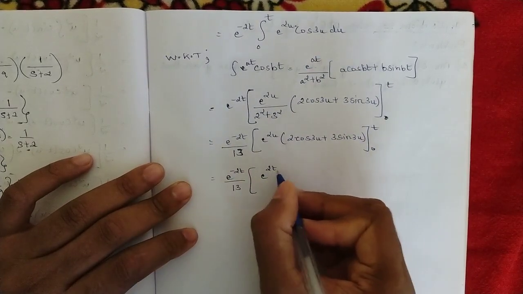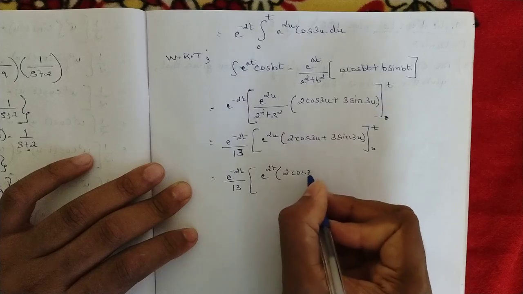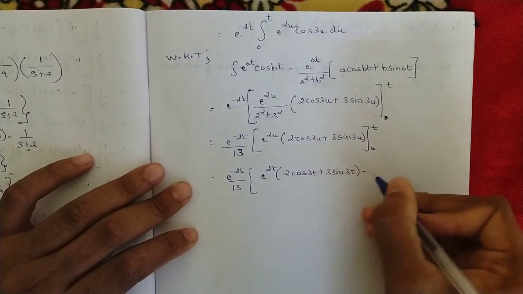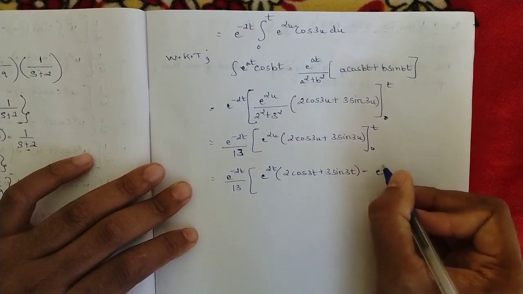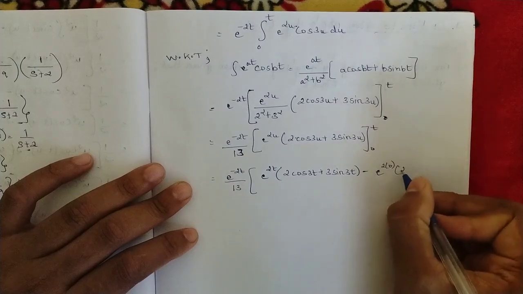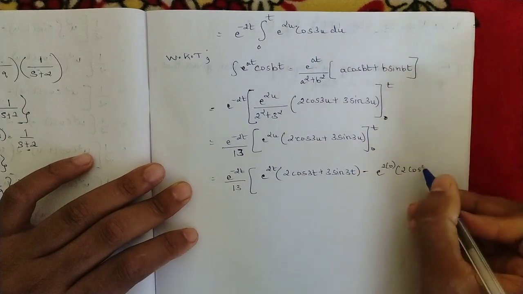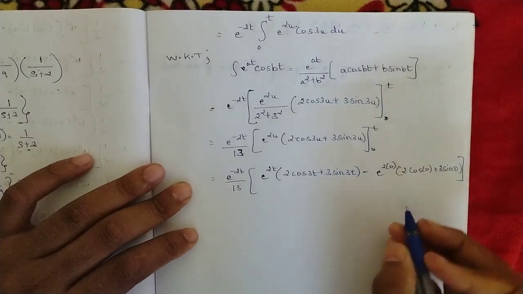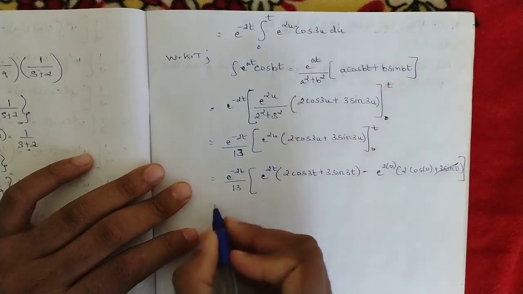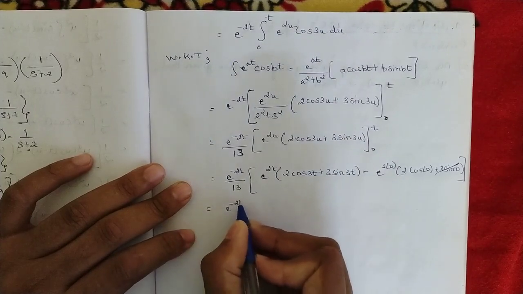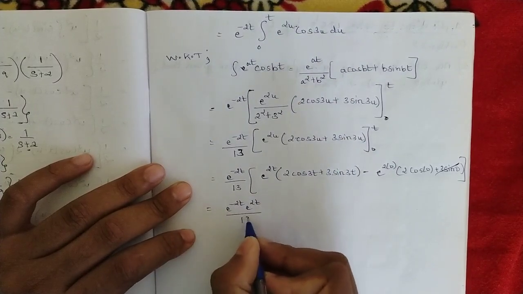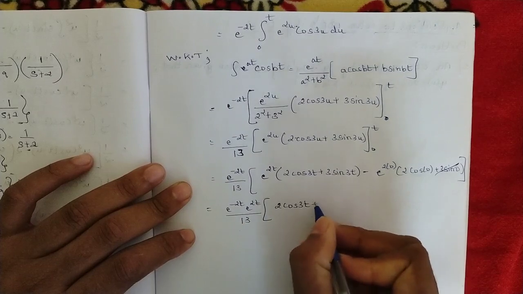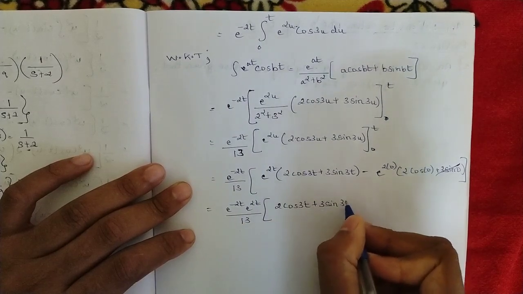E to the power 2t, 2 cos 3t plus 3 sin 3t minus the lower limit, that is e to the power 2 into 0, 2 cos 3 into u, that is 0, plus 3 sin 0. So sin 0 is 0, so that goes. So here e to the power 2t, I'll take it outside here, divided by 13. So we are left with 2 cos 3t plus 3 sin 3t.